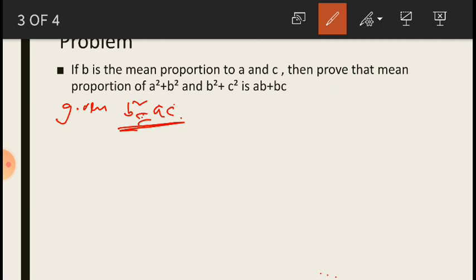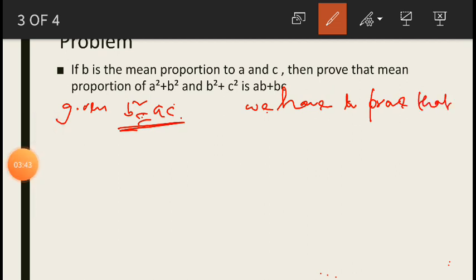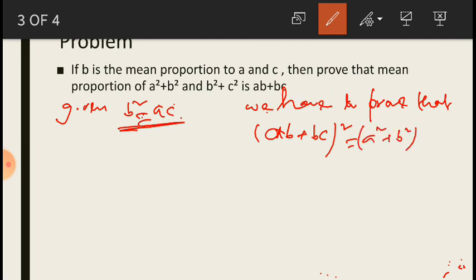Now what we have to prove is that AB plus BC, this is square, equal to A square plus B square into B square plus C square.